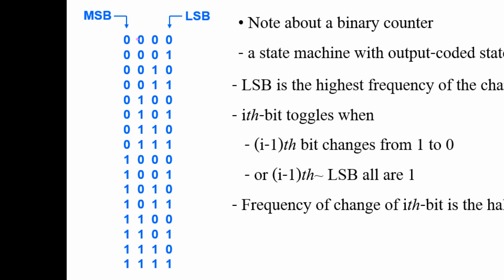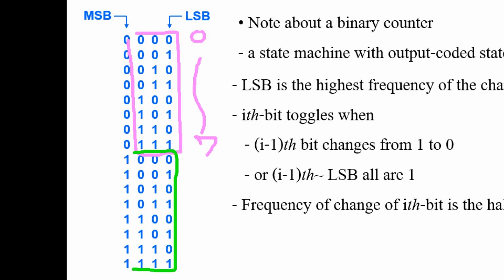But if you consider 3 bits, then it becomes 000 to 111, 0 to 7 in decimal, and after that it will repeat, 000 to 111 again.